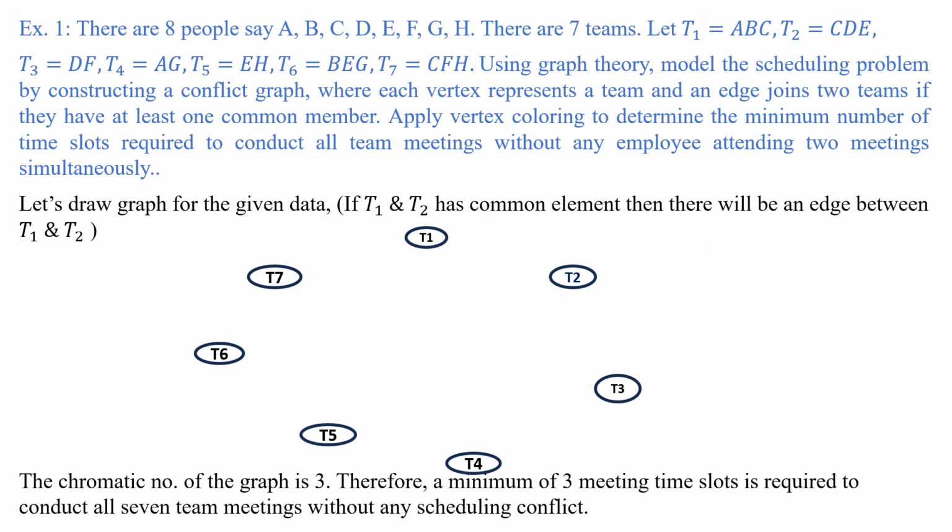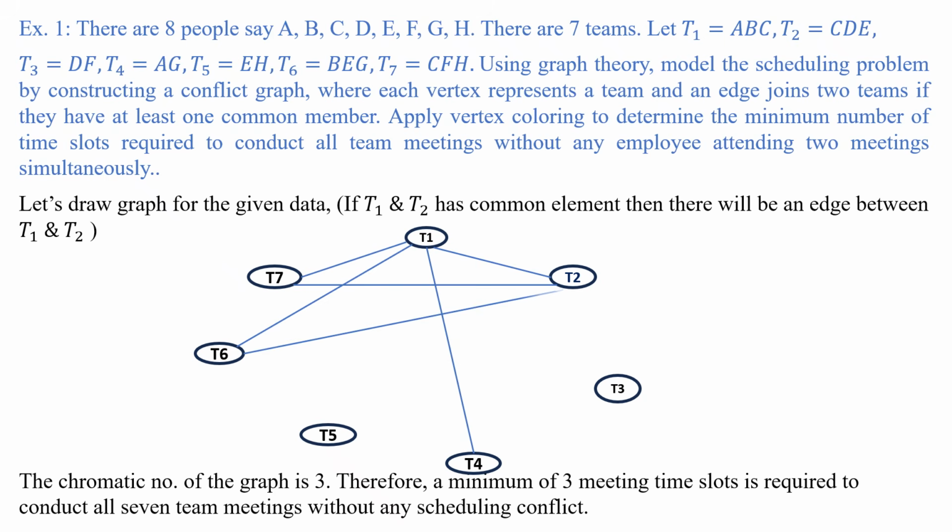T7 and T6 have common elements C and B. So there will be an edge between T1 to T7 and T1 to T6. And T5 does not have any common element. T4 and T2 have common elements C and A, so there exists an edge. Similarly, we'll plot for the other vertices T2, T3, T4, T5, T6 and T7.